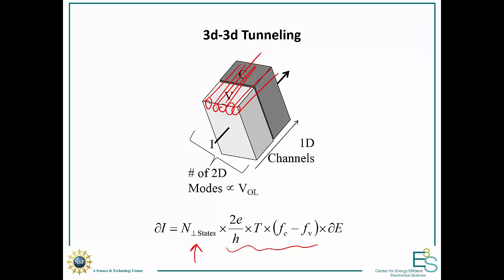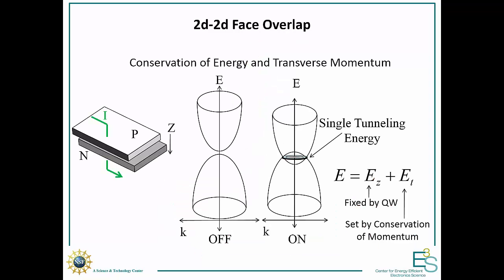From that 1D quantum of conductance we have that overlap energy, and then our number of transverse states also increases as our overlap increases. So our current ends up going as the overlap voltage squared, or we get that quadratic turn-on.